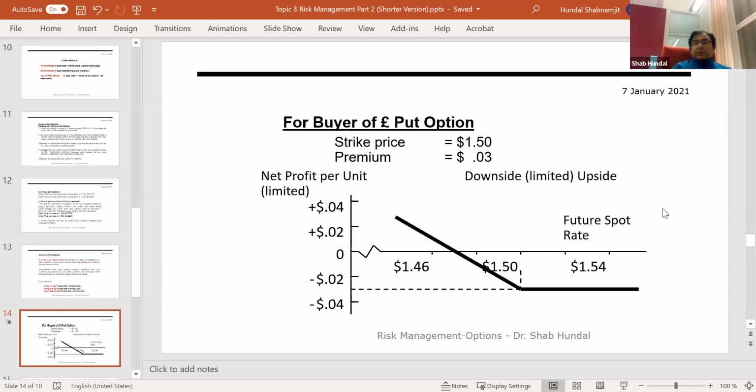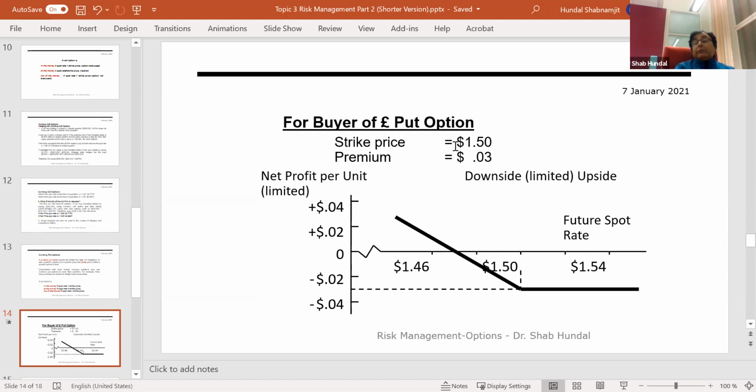And you go to the broker or the bank and you buy the put option. Put option gives you the right to sell something, but no obligation, no strings attached. And the strike price or the exercise price is £1 equal to 1.50. It means that you give £1 to the bank and the bank will give you 1.50.